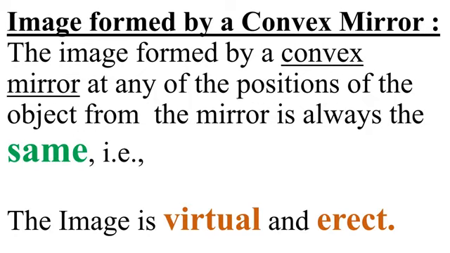On similar ground, let us now discuss the images formed by a convex mirror. The image formed by a convex mirror at any position of the object from the mirror is always the same.